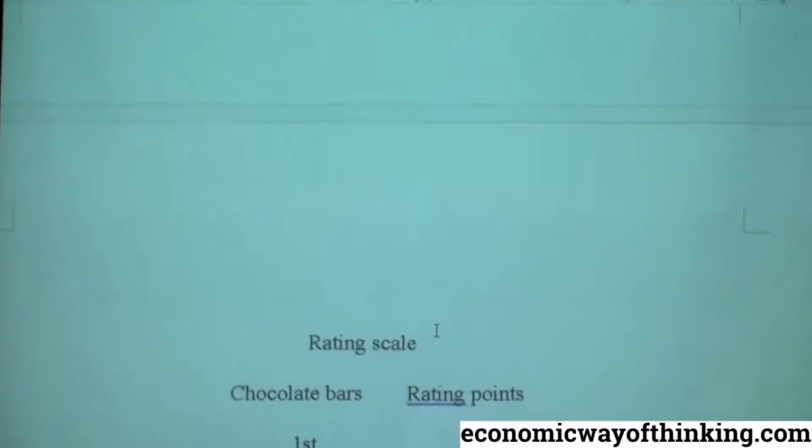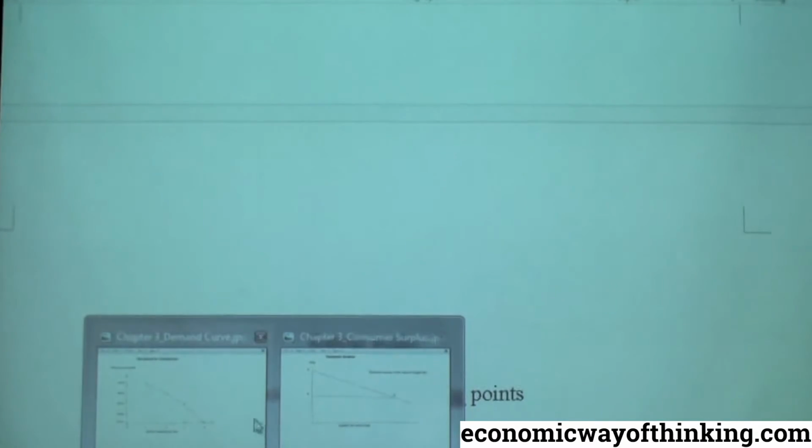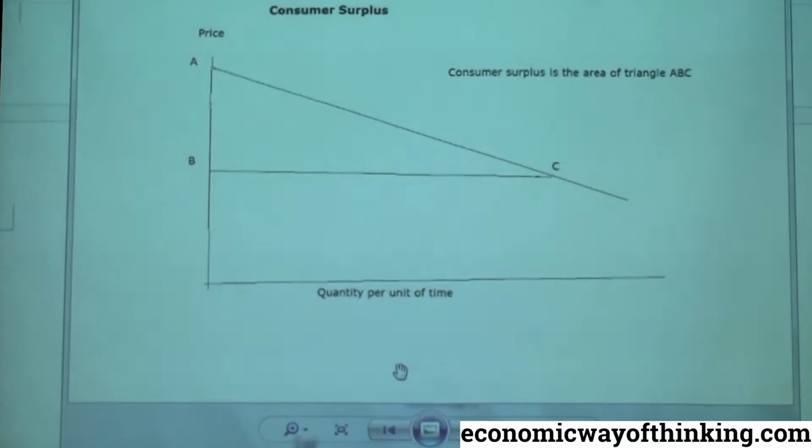So let's look at this graph. This is the familiar demand curve, downward sloping, and pay attention to the rectangle ABC. So this is a typical demand quantity demanded price relationship.